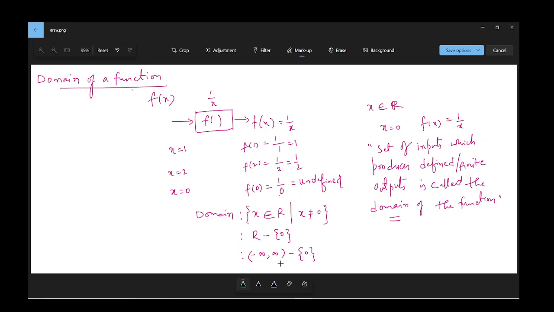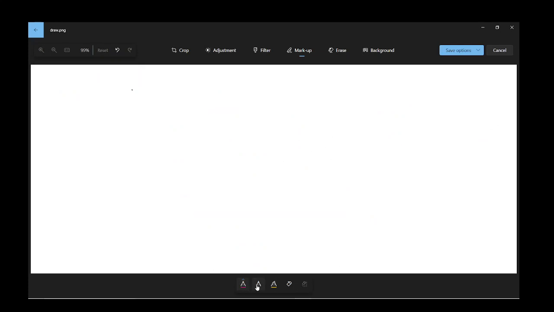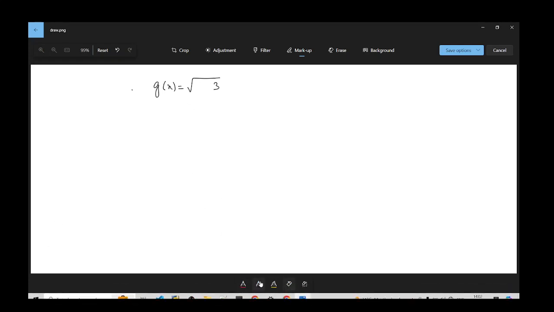Let us consider one more example to make it concrete. Let's say we have g of x is equal to square root of x minus 3. Let us find the domain of this function.